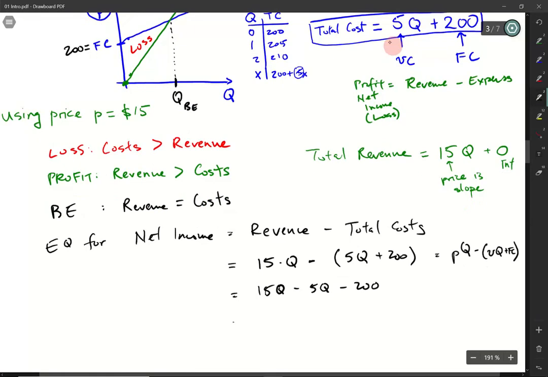Right, or this 15 minus 5 times Q minus 200.